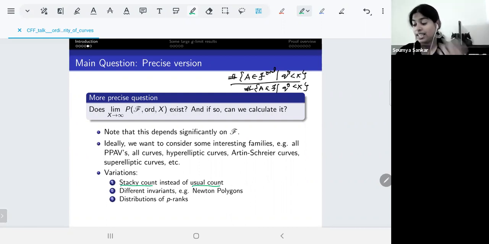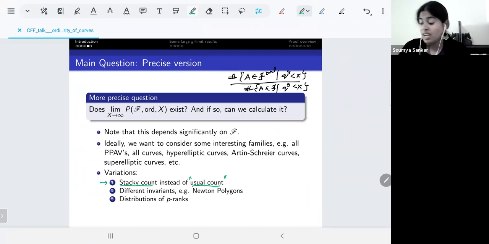In this talk, I'm going to talk about curves of a certain kind, and when I talk about the curves, I'll say what notion of isomorphism I'm using, but it's not going to be a stacky count. It's going to be what I call a usual count. And of course, when you do a stacky count, you can choose to weight by the automorphism group of the curve or the Jacobian, etc. Okay, so I'll leave it at that.